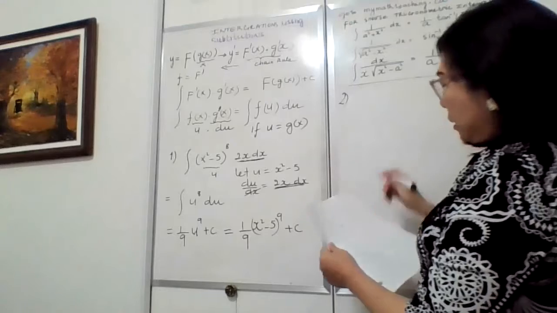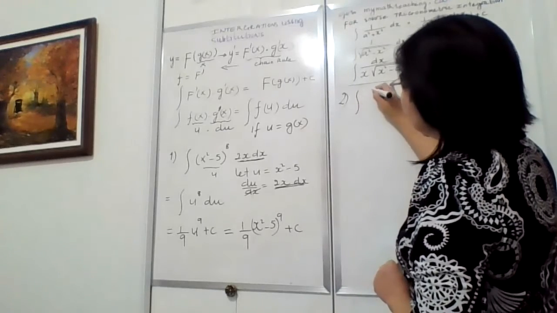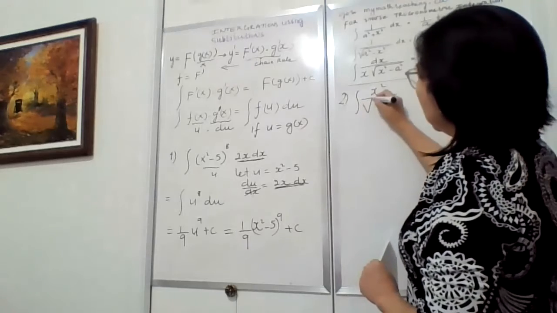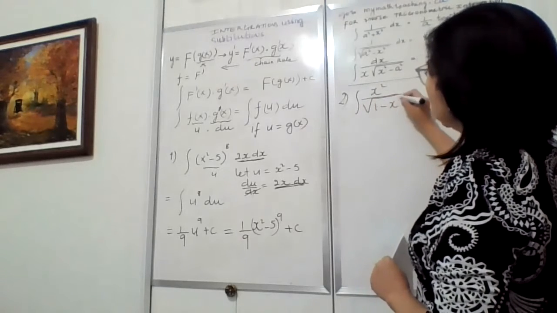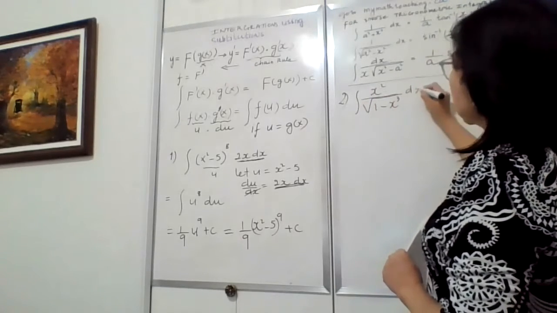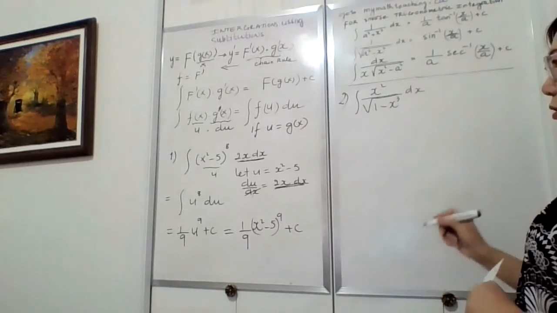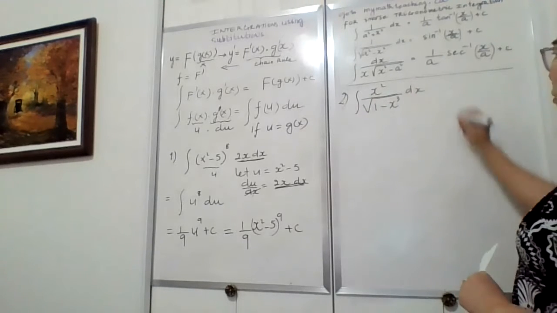So let's say in number 2, you have to integrate x squared over square root of 1 minus x to the power 3 dx. Again, this is very complicated if we don't use the substitution.